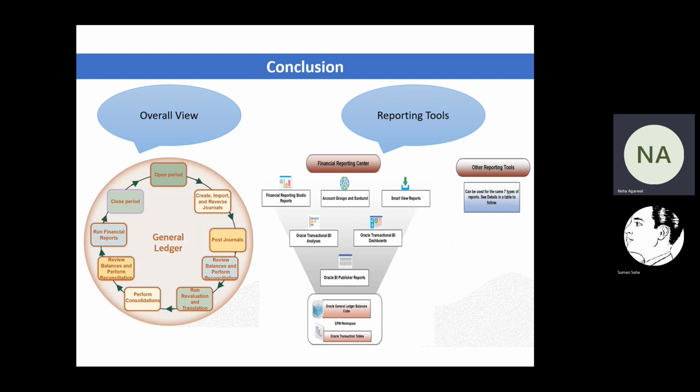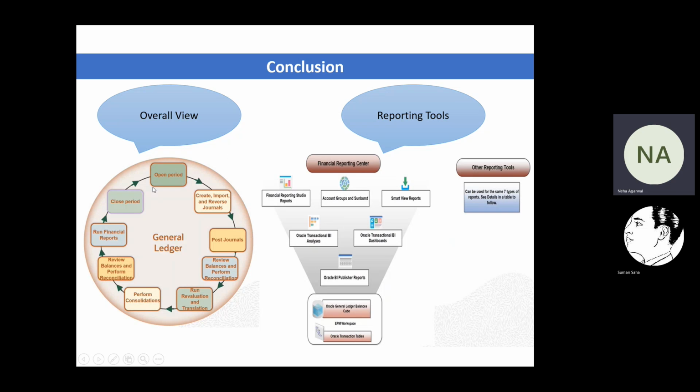Remember, you would only need consolidation if you have a whole hierarchy of companies, so you want to consolidate, say, account balances into a single corporate ledger. Once the consolidation is done, we again perform the reconciliation and review the balances. Once everything is as expected, we run the required financial reports, and then we close the period, looking into all the exception reports and taking actions on them.